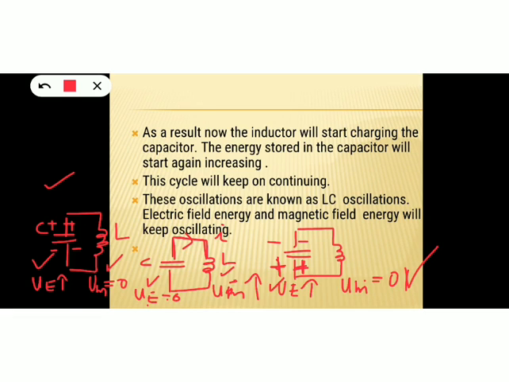So in this stage electrical energy was maximum, magnetic energy was 0, and in this stage electrical energy was 0, magnetic energy was maximum, and in this stage electrical energy again becomes maximum and magnetic energy becomes 0. So the energy keeps on oscillating between the electrical field energy and the magnetic field energy, and this phenomenon is known as LC oscillations.